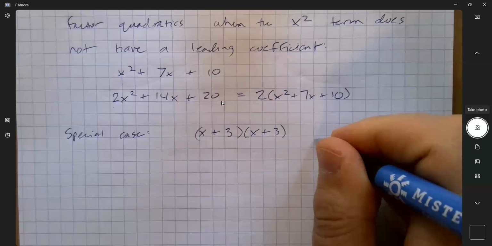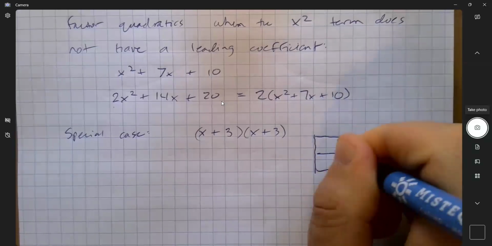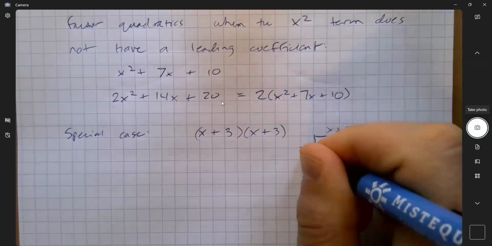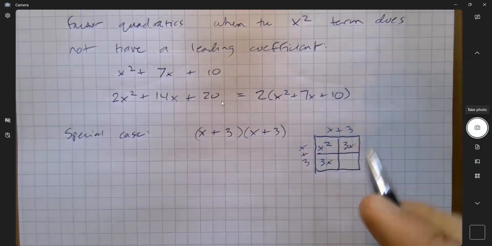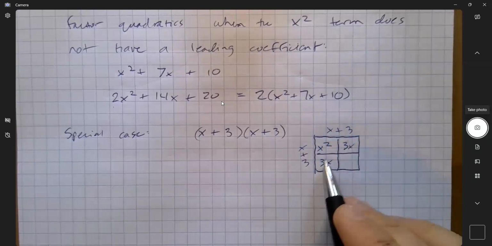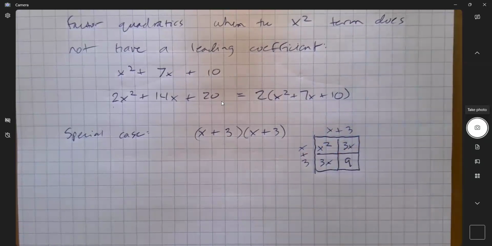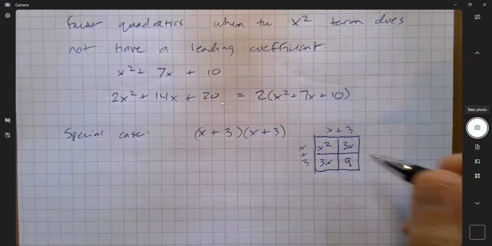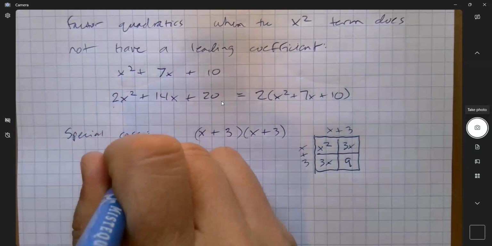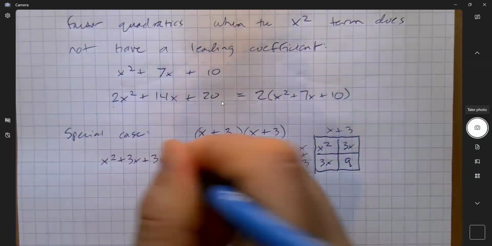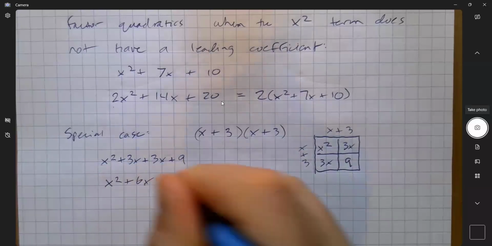Now, using the box method to work forward, x plus 3 and x plus 3, I have x squared, 3x in each of these window panes, and 3 squared, or 9, in the last pane. And I put that all together, and I have x squared plus 3x plus another 3x plus 9, which is x squared plus 6x plus 9.